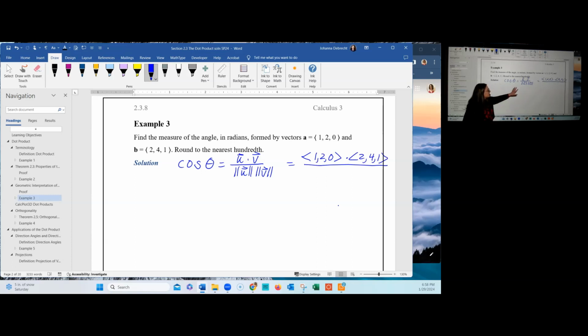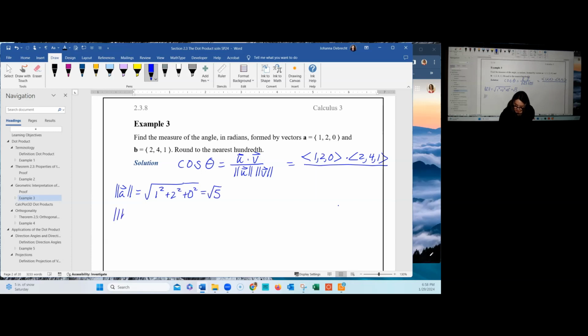To find the magnitude of a or b, we can come over here to the side. The magnitude of a is the square root of 1 squared plus 2 squared plus 0 squared, which gives me the square root of 5.